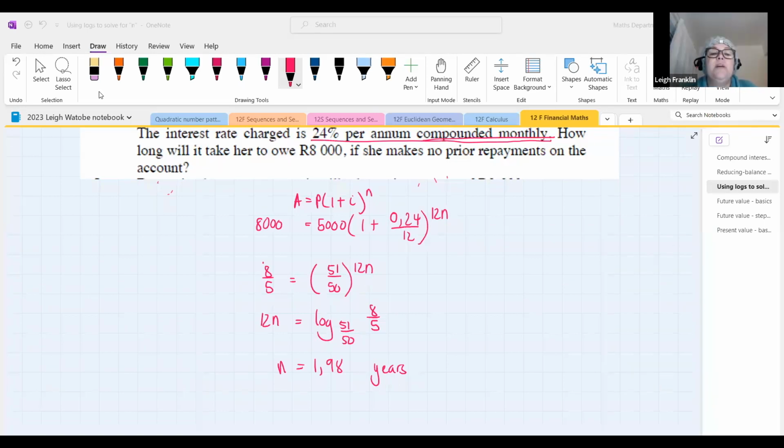So now we've seen what happens if they change the compounding period, how we would cope with that as well. How are we feeling so far? Thumbs up, thumbs down? Lebogang. Ma'am, can I ask, do you get penalized if you don't write the years or the percentage sign or the R?